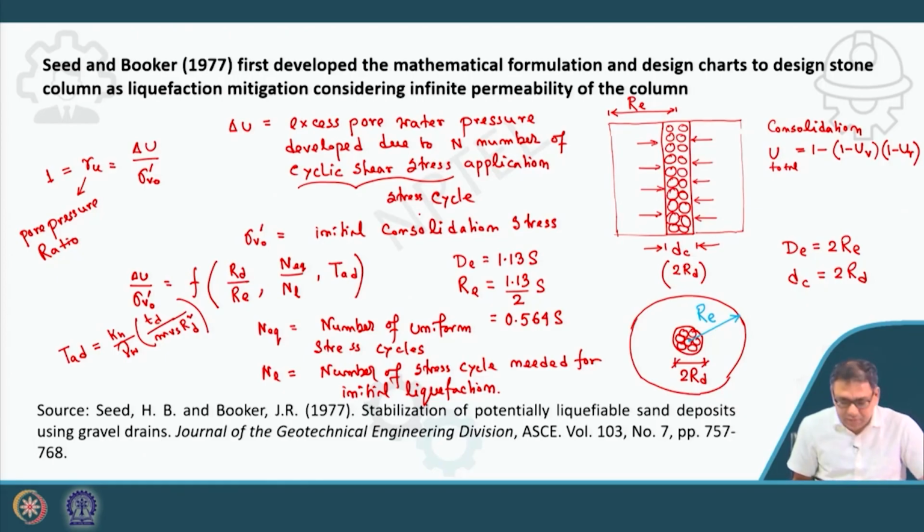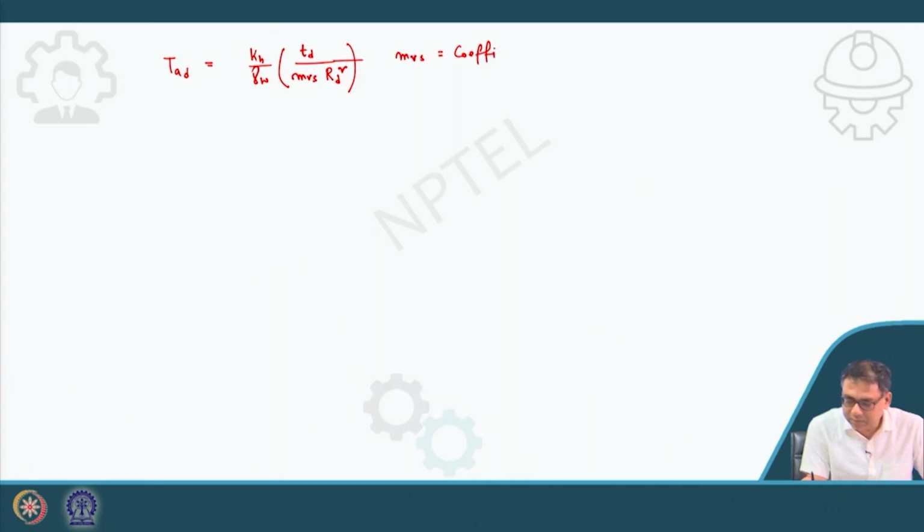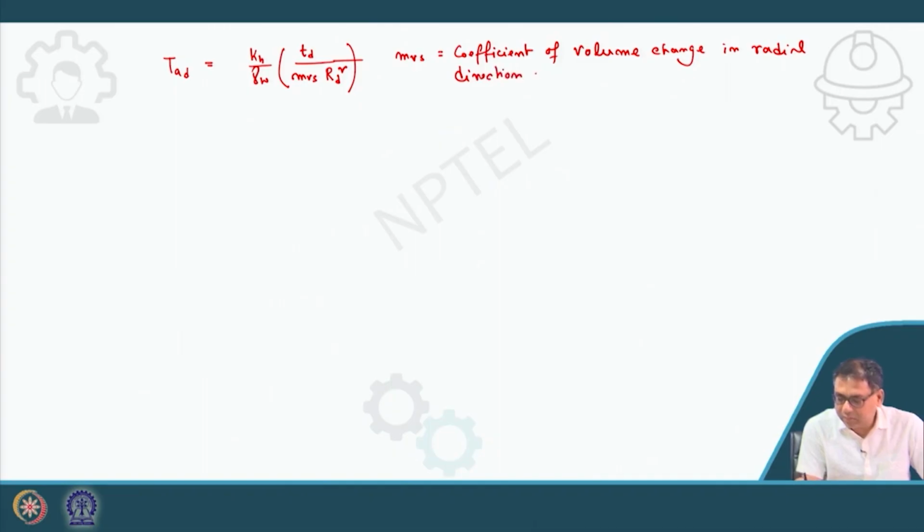Now if I write what this terminology is, I have mentioned that this is T_AD, which is K_H divided by gamma_W, and T_D divided by m_vs into R_D square, where m_vs is the coefficient of volume change in radial direction of the soil.